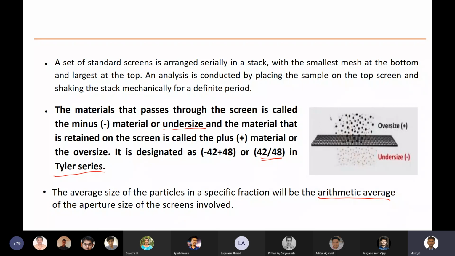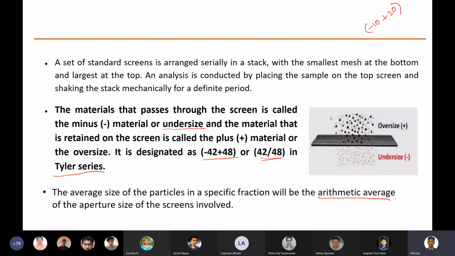Now let me ask you a question, see whether you understand this terminology or not. I'm giving you an example. The material I'm talking about here, I say that the material is minus 10 plus 20, right?